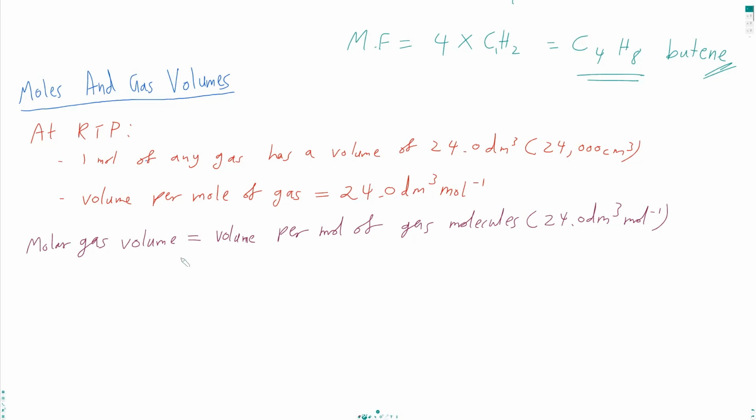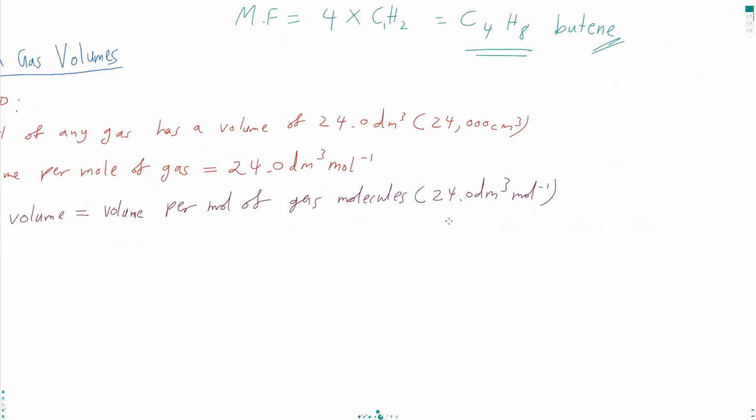So the differences in individual particles have zero effect on the overall volume. This is because the particles are spread so far apart. I'll quickly draw it to give you an idea.